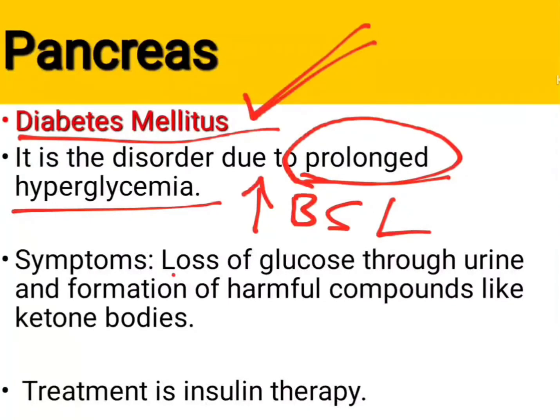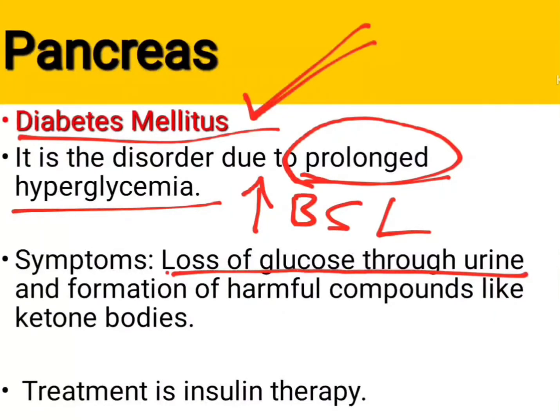Here are some symptoms of this disease, that is, loss of glucose through urine. What happens when there is too much glucose in the blood? If it is not utilized by the cells of our body, it will enter the kidney through the bloodstream, and the kidney will absorb the excess glucose, and that will be excreted out of the body in the form of urine.